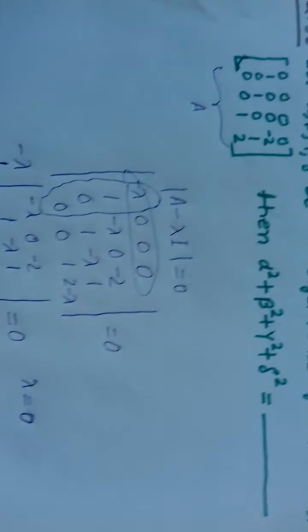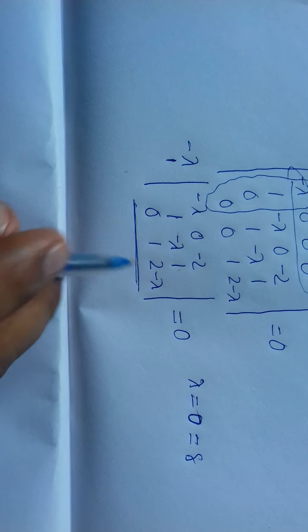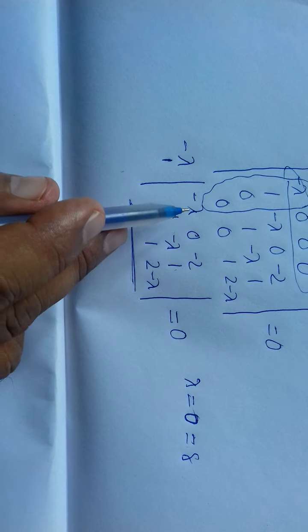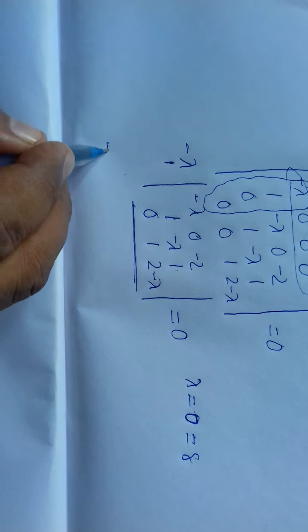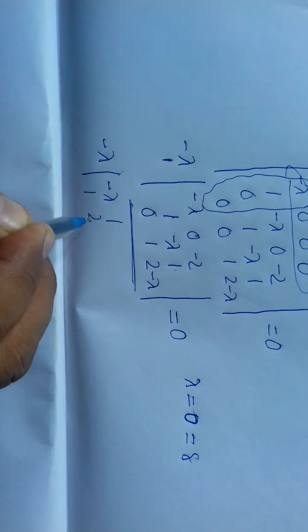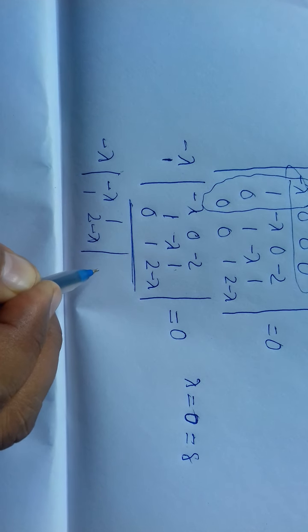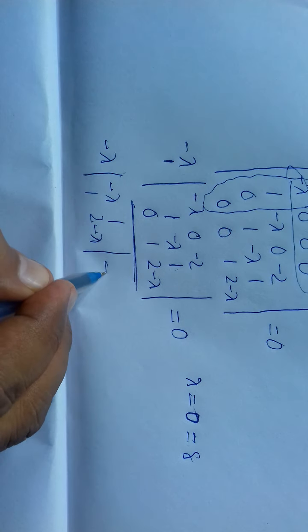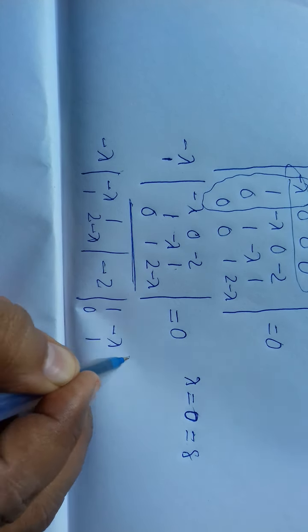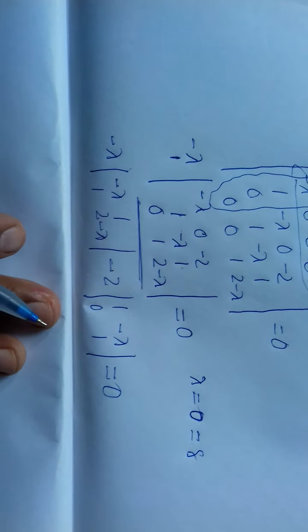Now it remains 3, alpha, beta and gamma. For these 3 we simplify this. Now we expand this along this row. Expansion gives us minus lambda times the determinant 1 1, 1 2 minus lambda, and thereafter minus 2 times the determinant of 1 0 minus lambda 1, this must be 0.